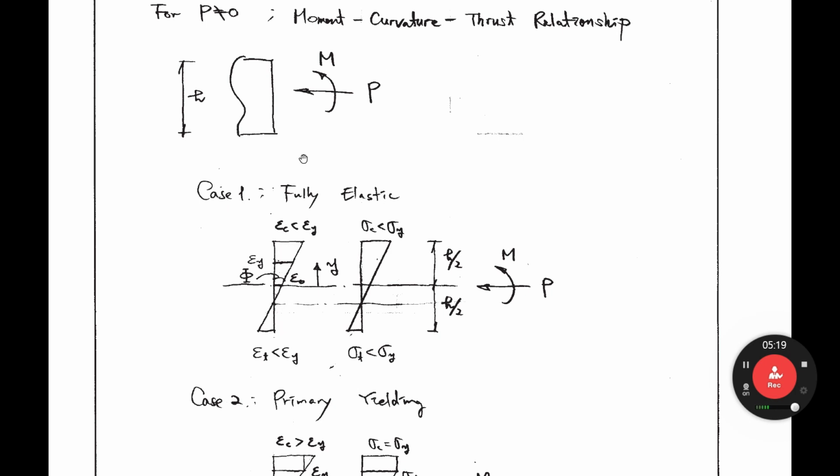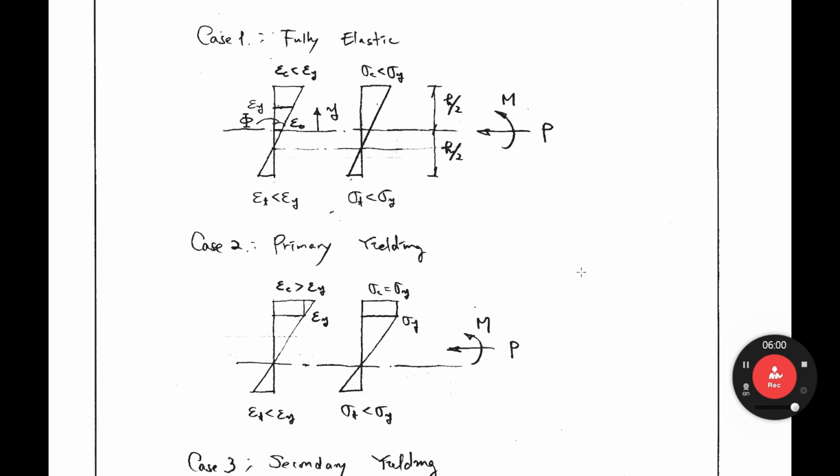And then you have the moment. So the moment causes the strain shape to be triangular like that. So fully elastic means the biggest strain among top and bottom is less than epsilon y. Then that means the stress is also less than sigma y, compressive stress and tensile stress. That is a fully elastic case.